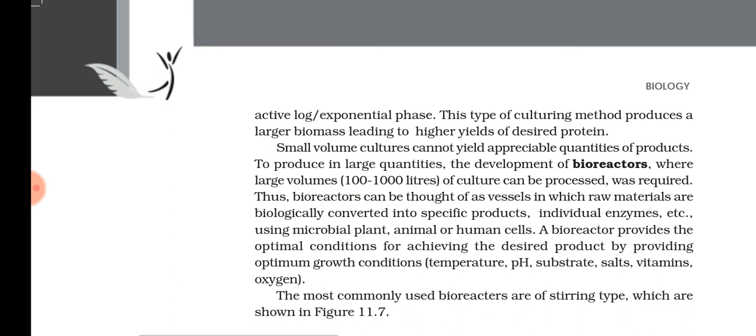Likewise, so many advantages are there if we use bioreactors.